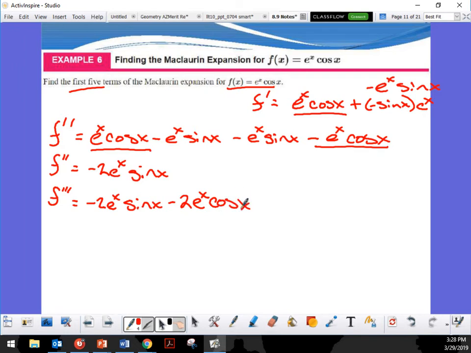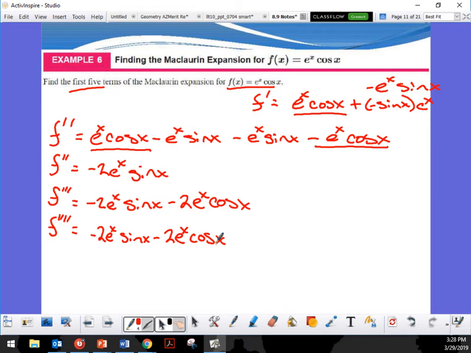Okay, not doing anything to that, right? Okay, next one, fourth derivative. F is going to give me this right here, right? So negative 2e^x sin x, and then it's going to be minus 2e^x cos x, right?